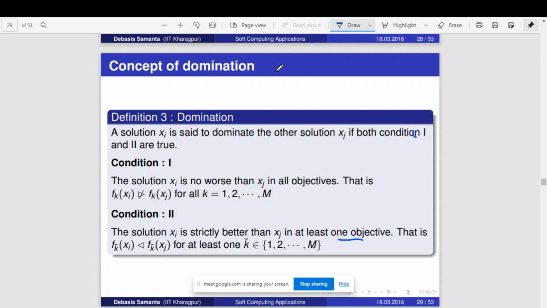If the problem is to minimize, okay, if the objective is to minimize, then when will you say that xi is better than xj? No, no, when the problem is to minimize, then when will you say that xi is better than xj?